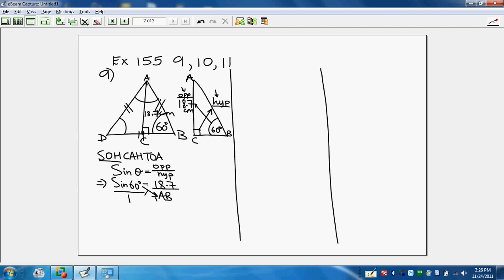So if we do that cross multiplication, we could write that AB sine 60 degrees, when you multiply them, will be 18.7. So therefore, if we want to get AB, we could easily find AB by saying AB will be equal to 18.7 divided by sine 60.